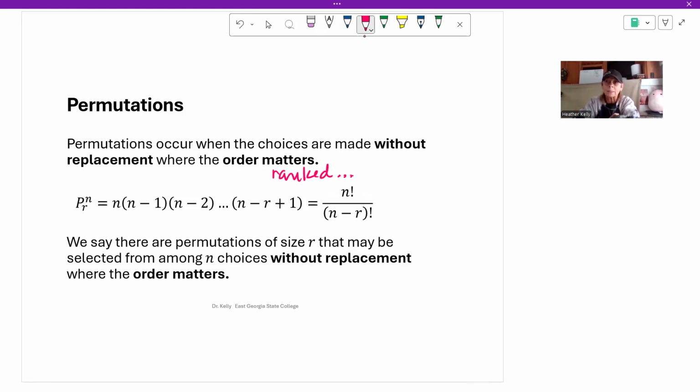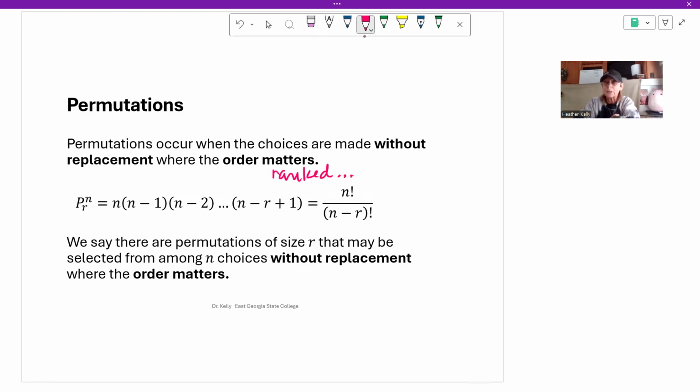But if everyone gets the same prize, everyone gets the same cupcake for participating in the game, then order doesn't really matter. The people that win don't get one prize better than the person that came in second or the person that came in fifth. Okay, so this is what I mean by whether or not the order matters.